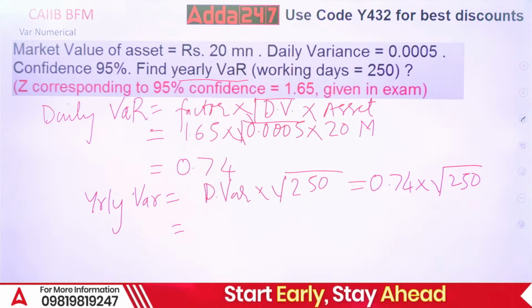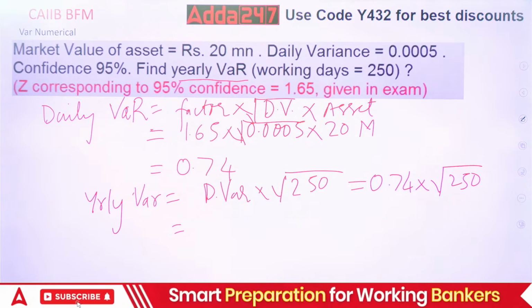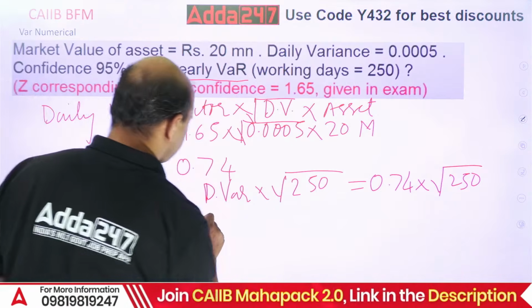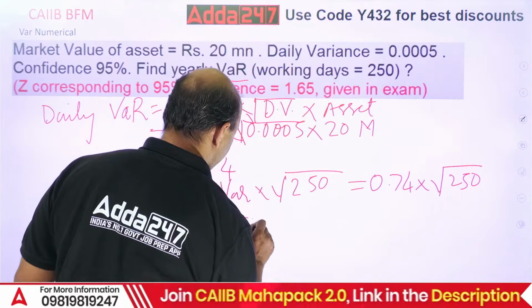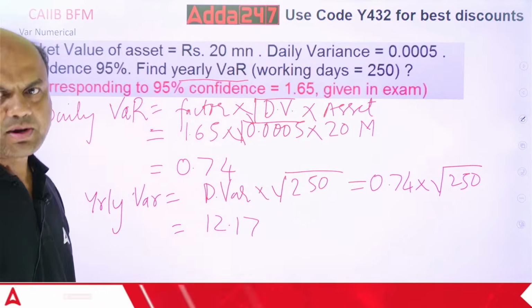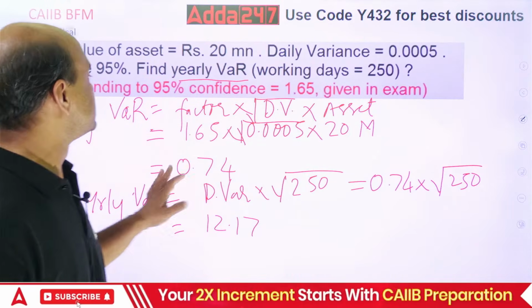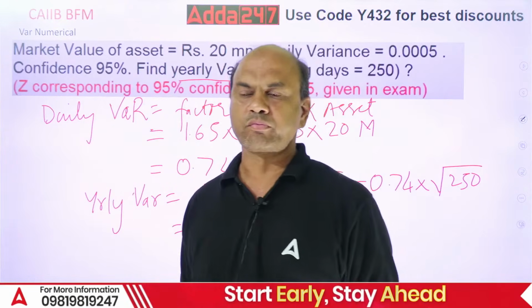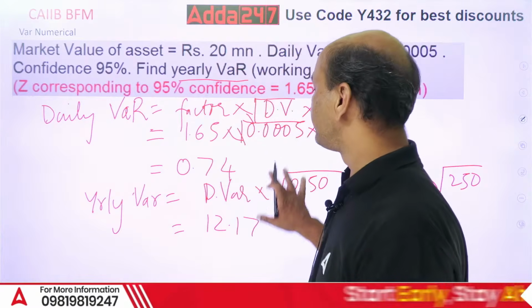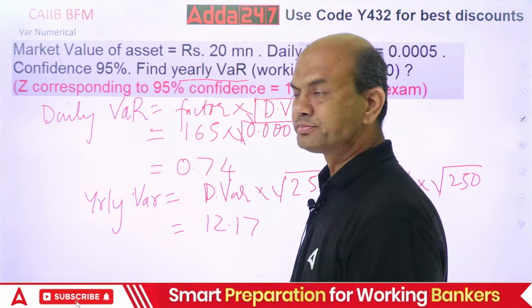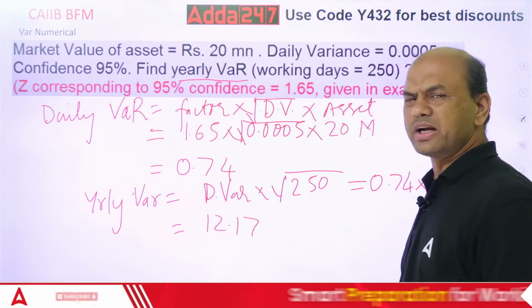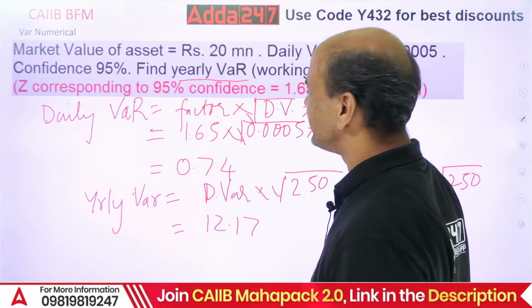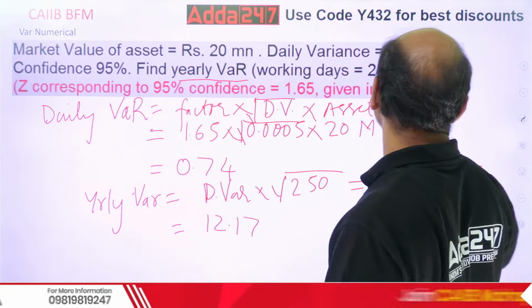Yes, 12.17 is okay. So this is your yearly VAR. This type is not that tough, not that easy. Only the formula should be known.